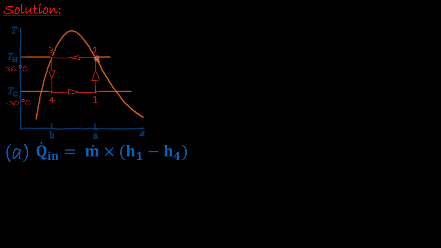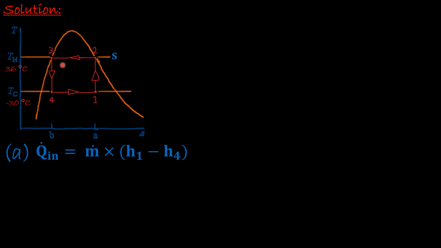We know that state 2 is on the saturated vapor curve line, and state 3 is on the saturated liquid line. So we can use the properties for refrigerant R22 at 36 degrees Celsius to find entropy, enthalpy, and other properties.